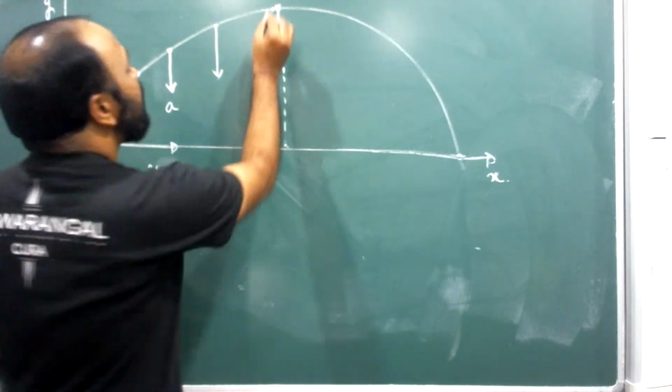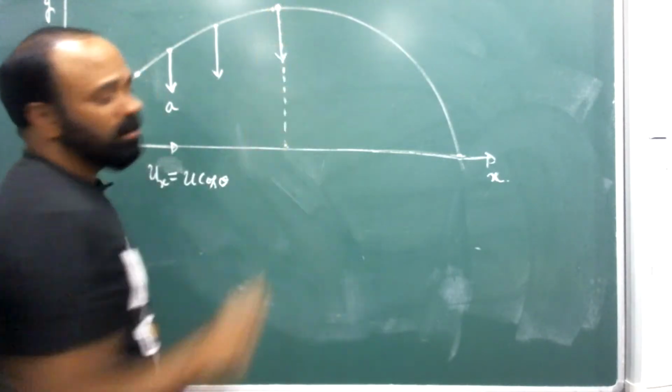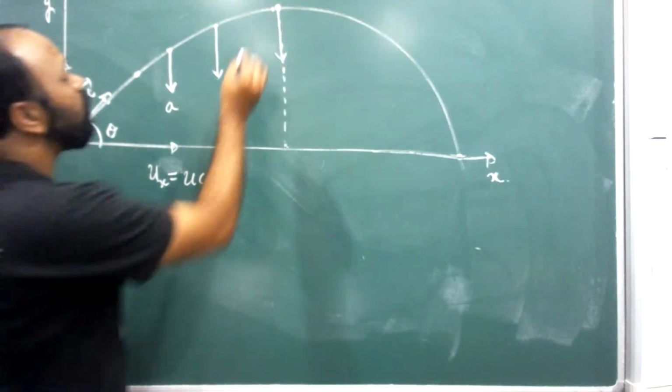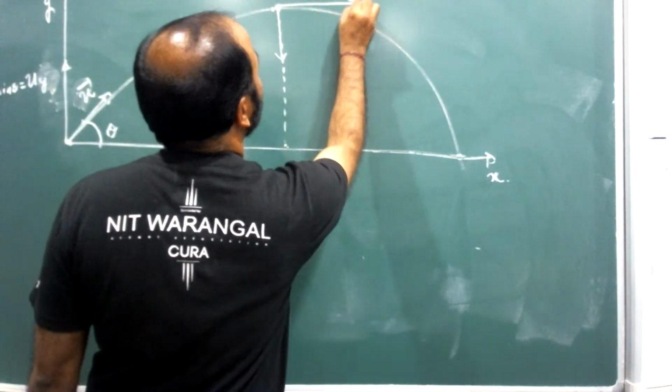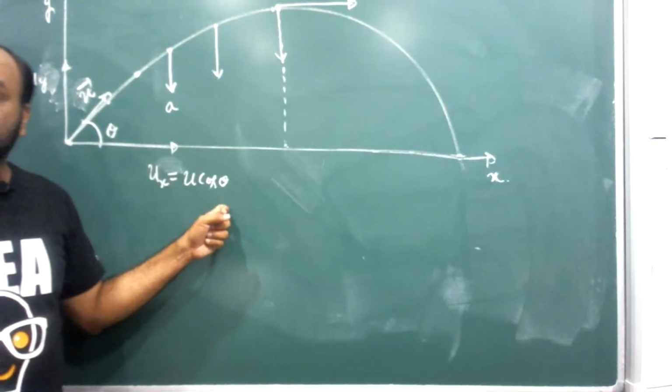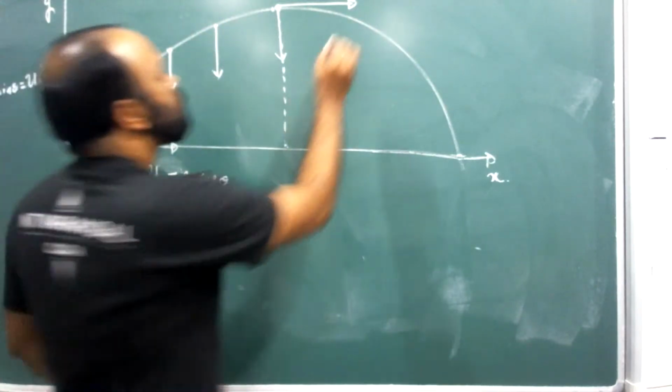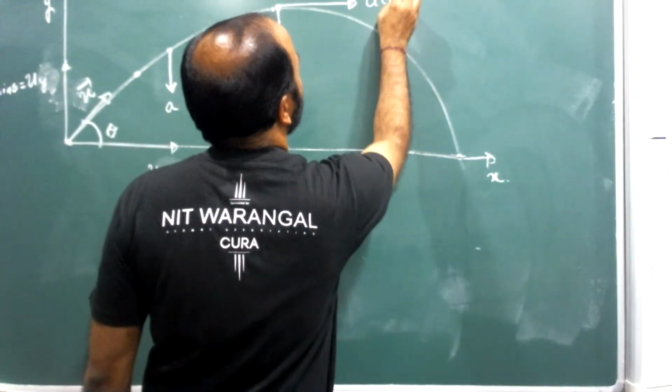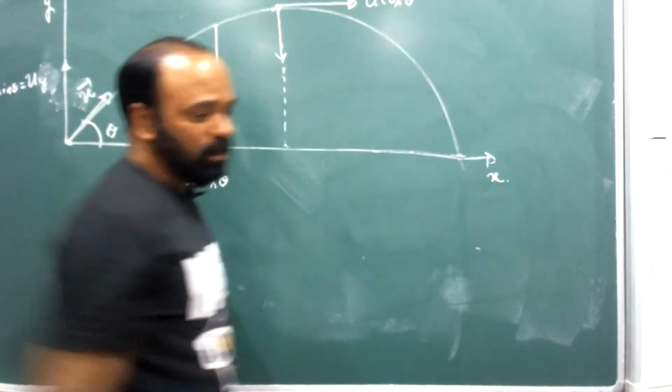Now they may ask, what is the velocity at this particular point? The body has only the vertical component becoming 0, but the horizontal component remains constant, so it is u cos theta.